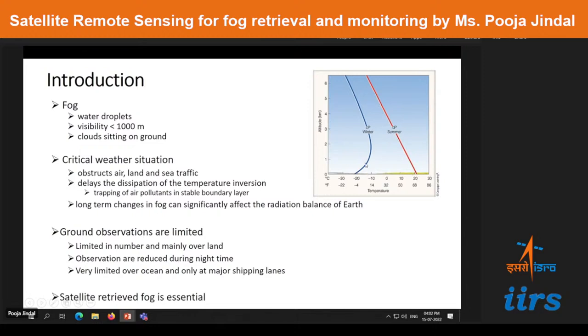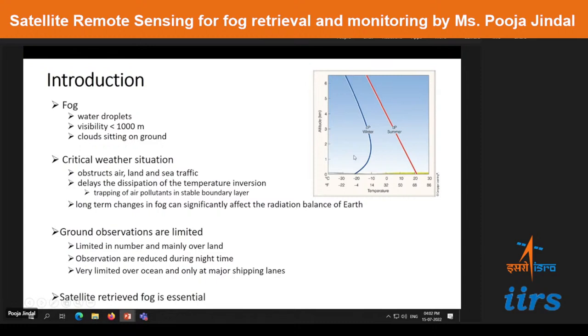However, during the winter times, during night time, we get this blue kind of curve. In this curve, initially as we move high from the surface, temperature first increases and then decreases. So there is some layer or level where the temperature is highest. The layer below this level is basically our stable boundary layer.